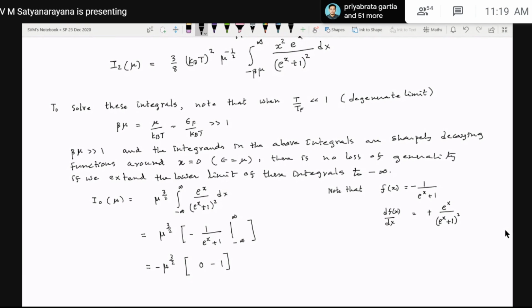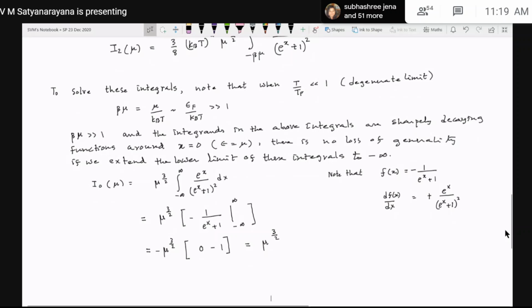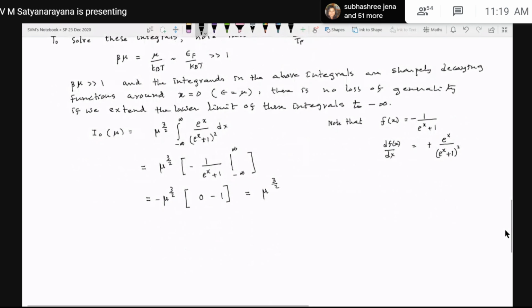So with the minus sign outside, this integral is 1, that's what it means. So we have evaluated I0 of mu, which is simply mu to the power 3 by 2.